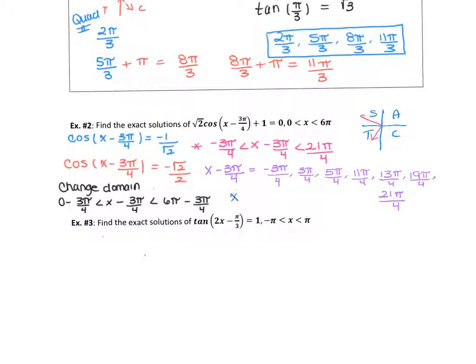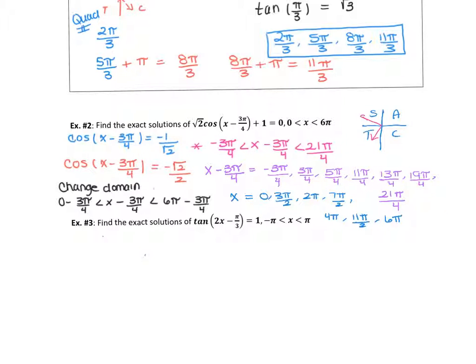And so you finally get x is equal to 0, 3 pi over 2, 2 pi, 7 pi over 2, 4 pi, 11 pi over 2, and 6 pi.